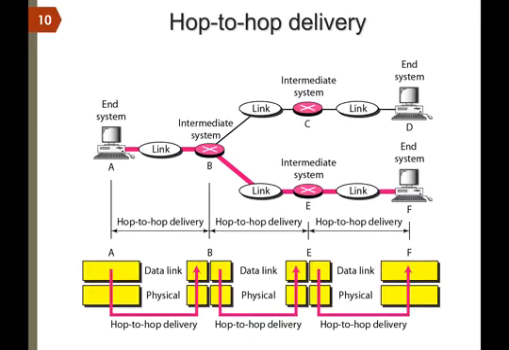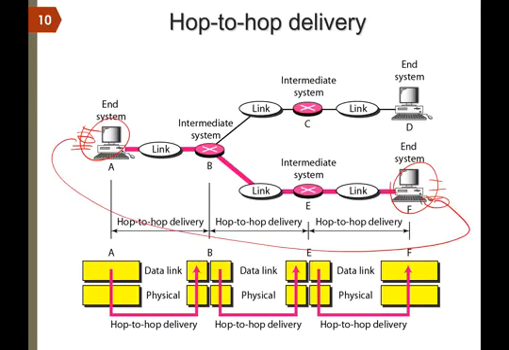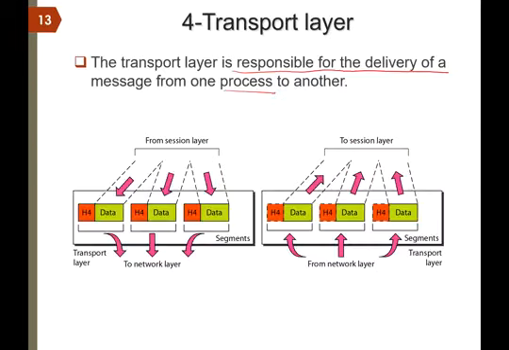Host is this one, but on this host there are many processes running. So from this process to this process is the functionality of the transport layer. So the transport layer is responsible for delivery from process to process.